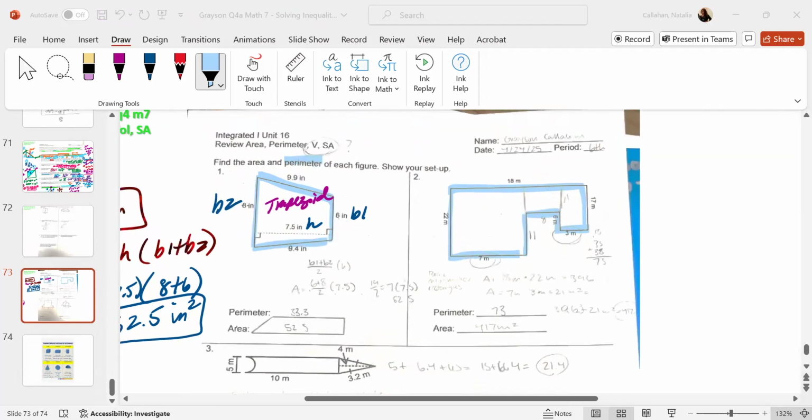So looking at this, 18 plus 22 plus 7 plus 17 plus 3 plus 6.